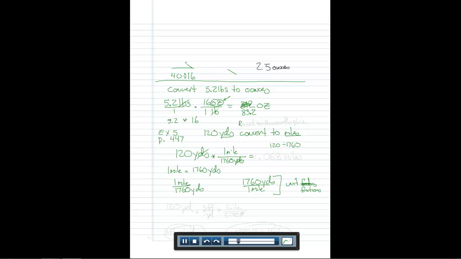Let's suppose I said round to the thousandths place. My calculator gives 0.0681. So the thousandths place is the 8, and it stays the same.